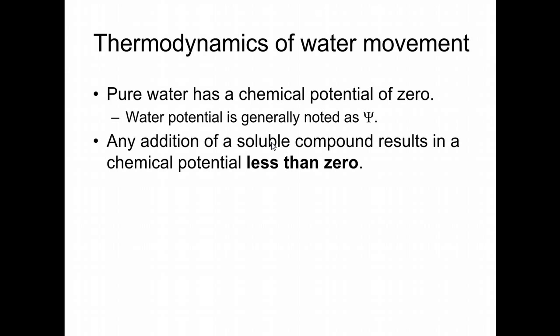It's going to lower the concentration of water. So you could write down that pure water is 0, and everything that we're dealing with, the water potential is going to be much less than 0, always.